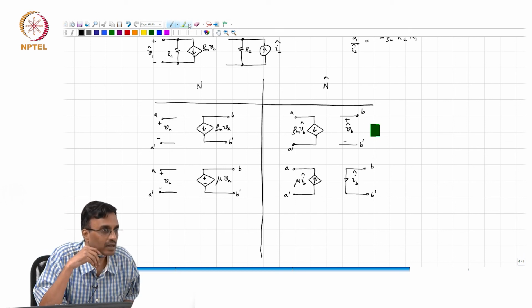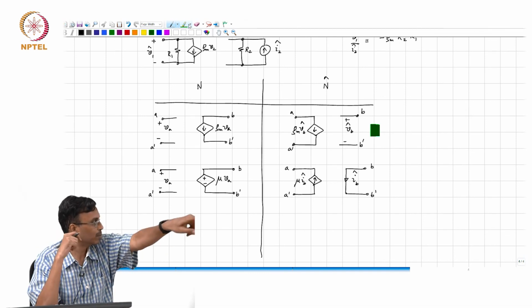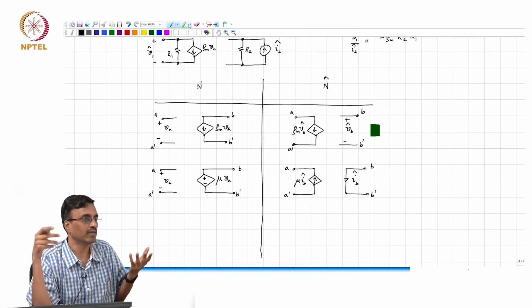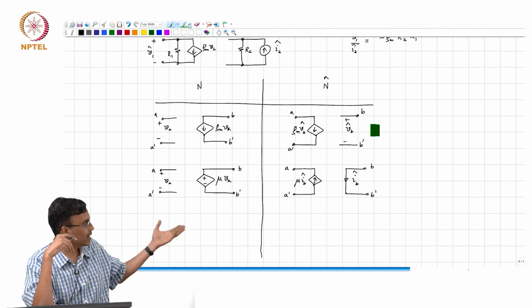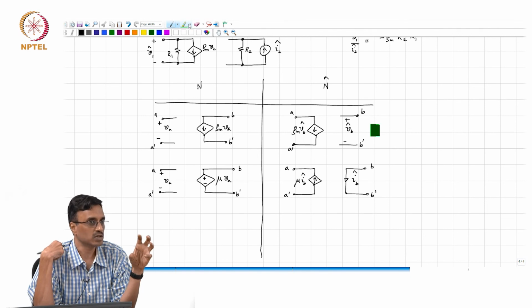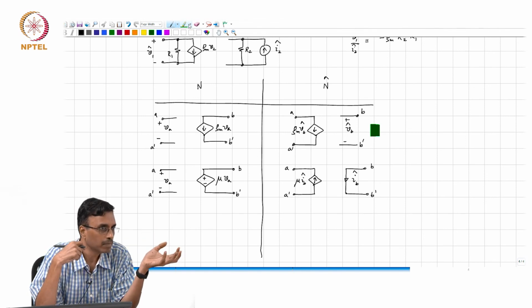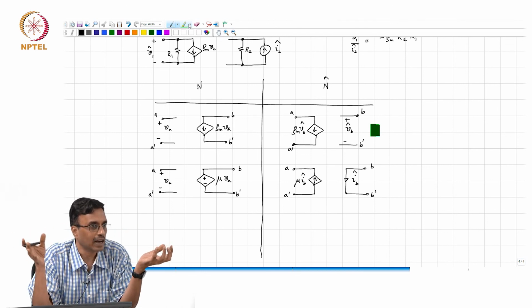I think that comes back to his question, which is, so what? We've done all this, so why is this useful? It comes back to the fact that in many practical situations, one is interested in finding the transfer function from multiple sources to a single output.